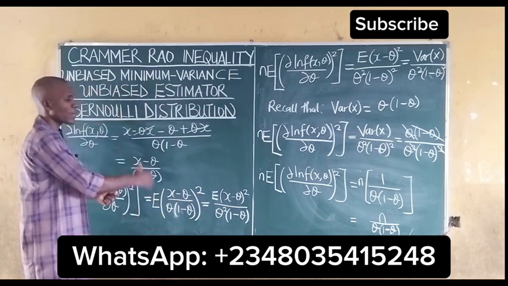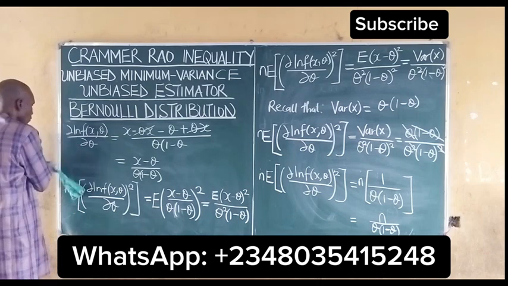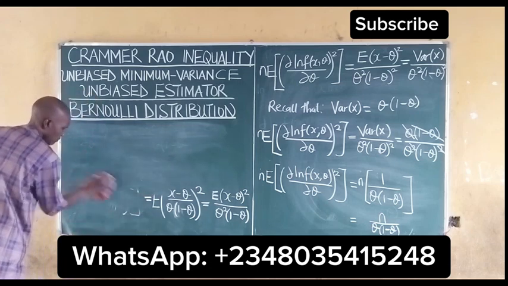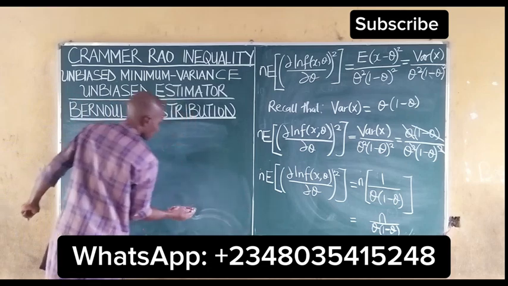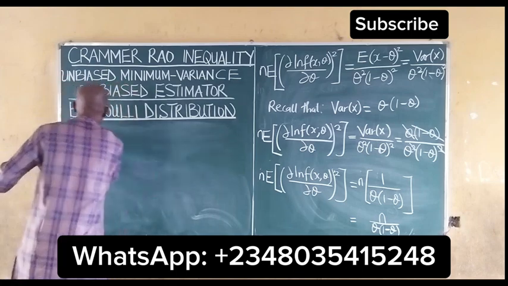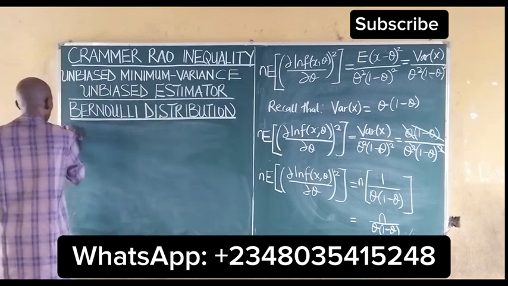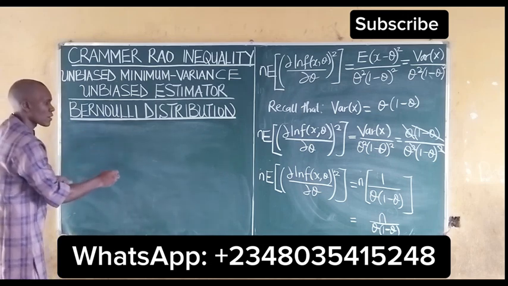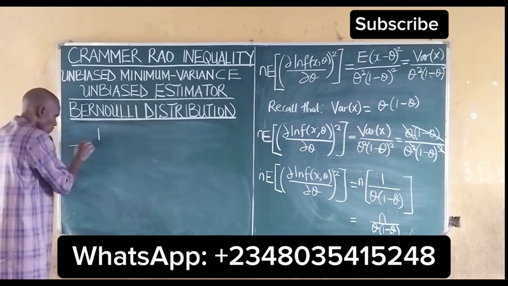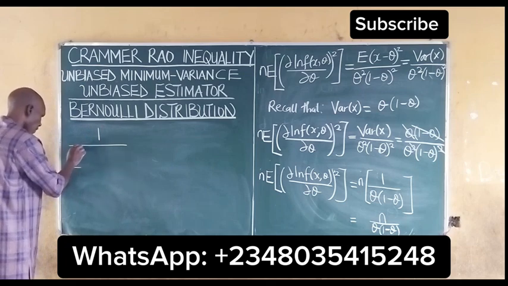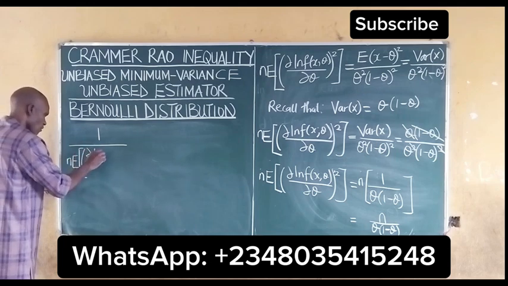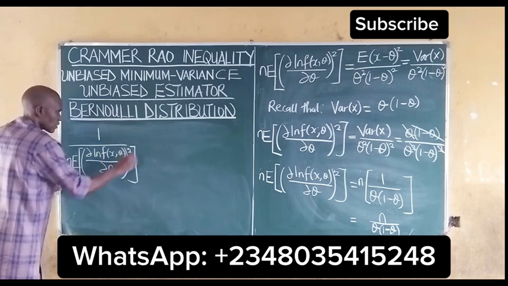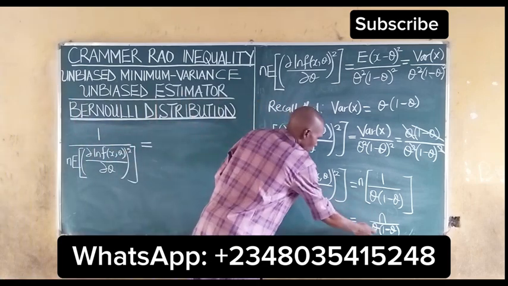Now, comparing with our Cramer-Rao inequality, which is 1 all over n multiplied by the expectation of the differential of the log of our given PDF all over theta squared, we have n all over theta into 1 minus theta.